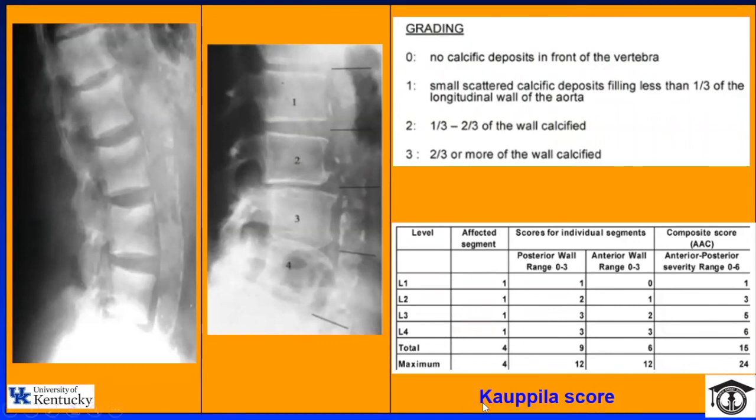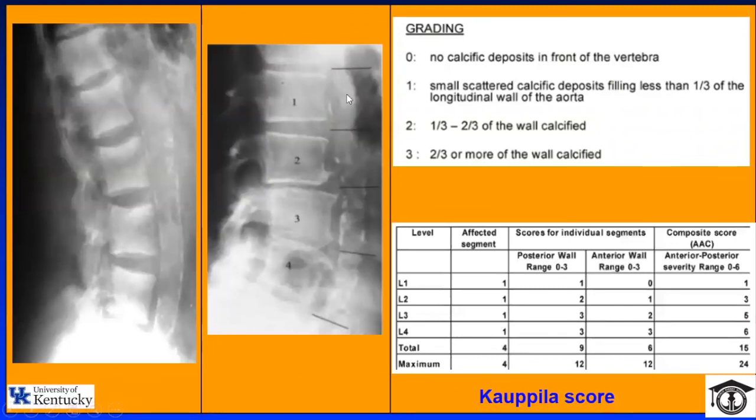There is a famous Kauppila score that's usually 20 out of 24 total score according to the anterior and posterior lumbar calcification, lumbar 1, 2, 3, and 4, and anterior and posterior.